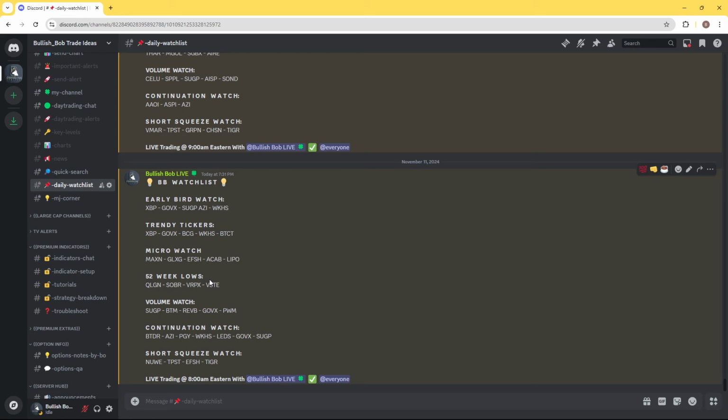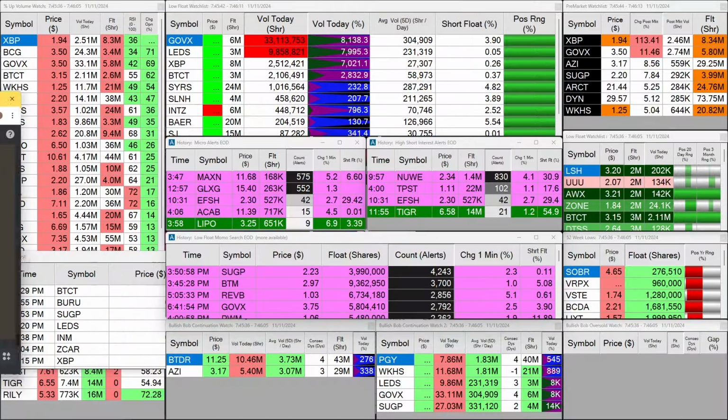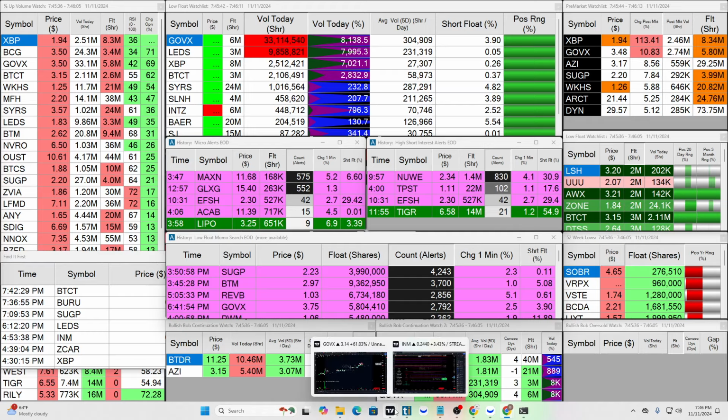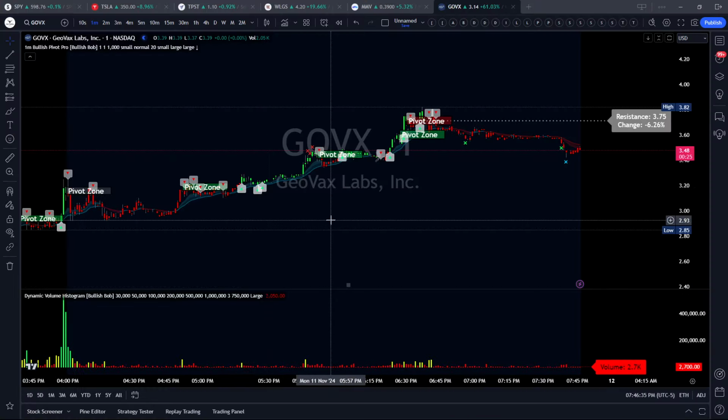We're waiting on something that if we see it, well, we're good to go. So we want to check all the boxes here first and then just wait for that final box to check. So if it's volume that you're looking for, set your alert for volume and you're good to go. So GOVX, I'm going to pull this one up on a chart. So again, it came up on multiple lists here, excuse me.